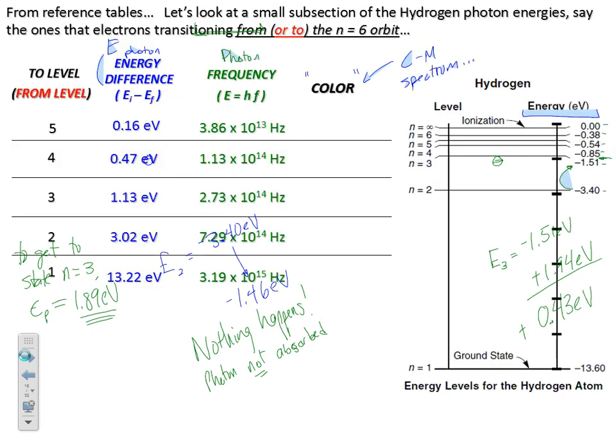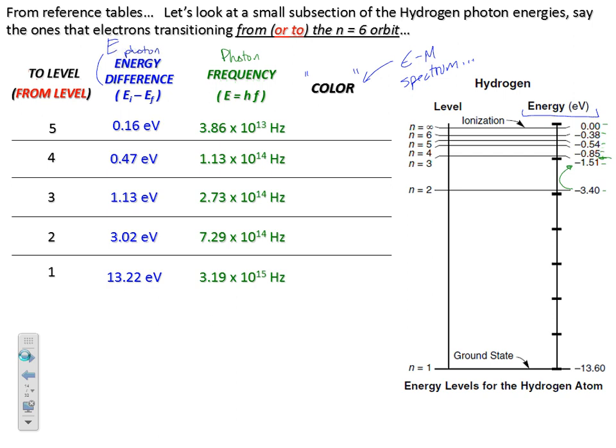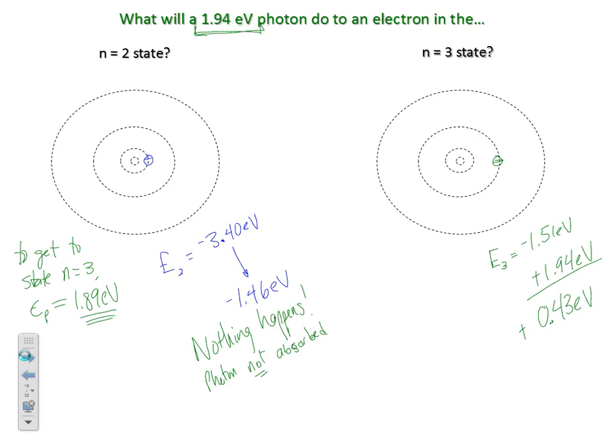And that means that that's enough energy to get this electron all the way to the n equals infinity state, where it has 0 energy, or it's enough to ionize the atom. So 1.94 EVs is enough to ionize the atom.